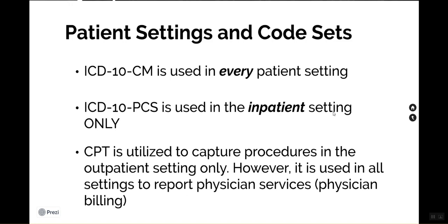I know that I keep reiterating the same stuff over and over again, but this is what students have an issue understanding. You can take Coding 1 and Coding 2 and be in your clinical experience and still be confused between ICD-10-CM and ICD-10-PCS.